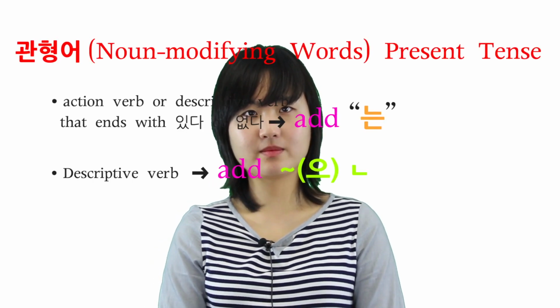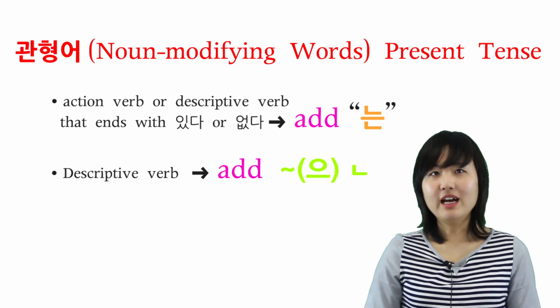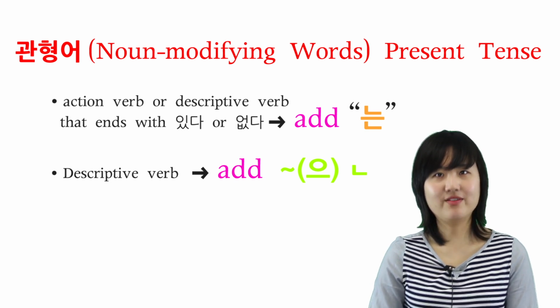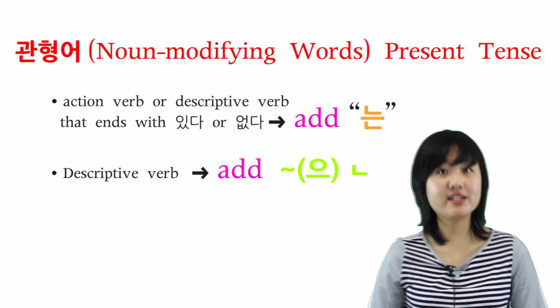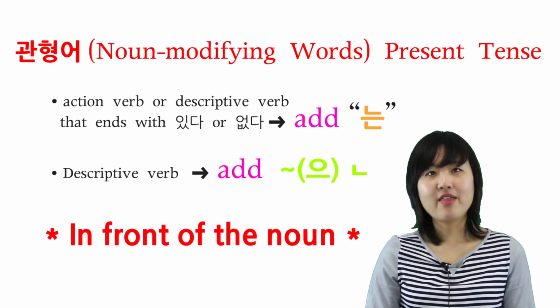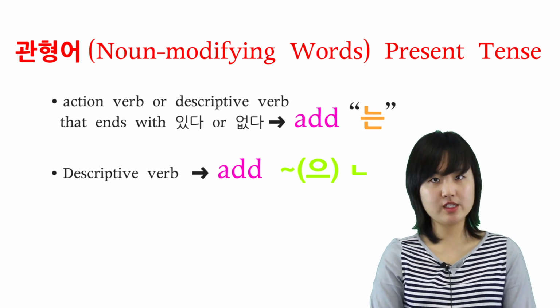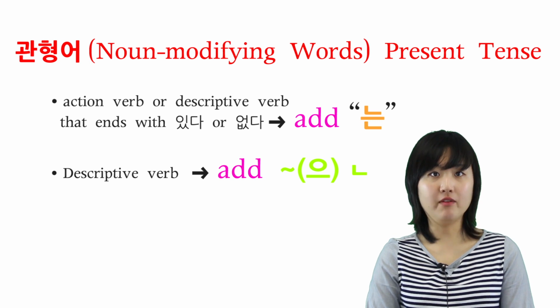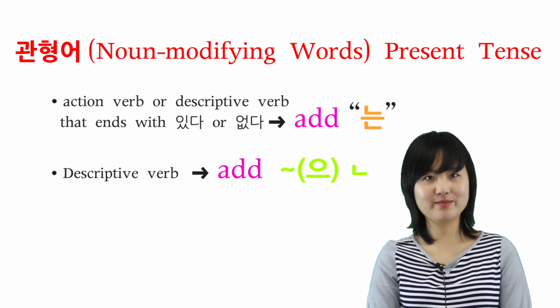I will summarize it here once more. I can't emphasize enough the fact that in Korean, any words that modify a noun should be placed in front of the noun. Then as you can see, the present tense of the noun modifying words depends on the nature of the verbs, either the action verb or the descriptive verb.